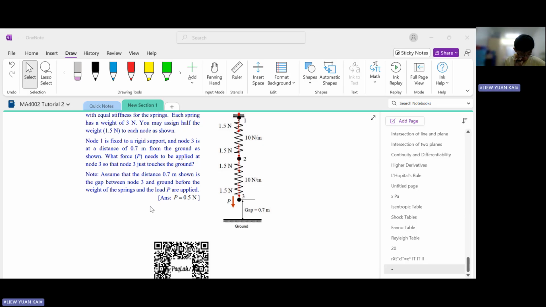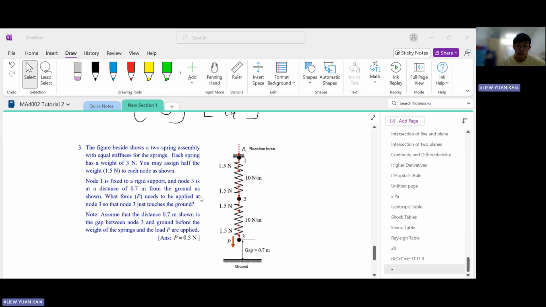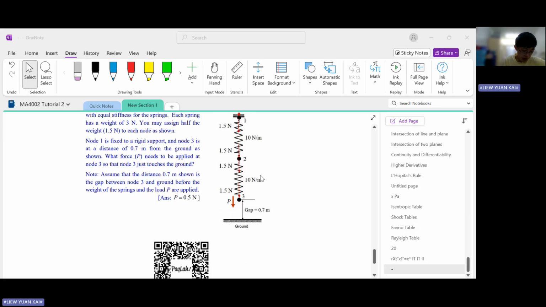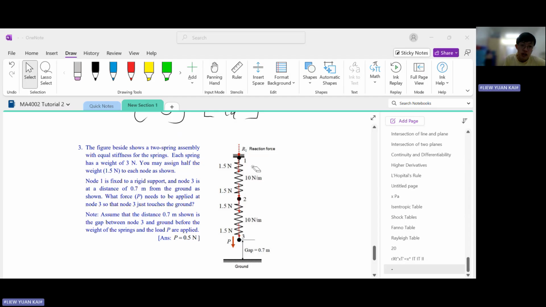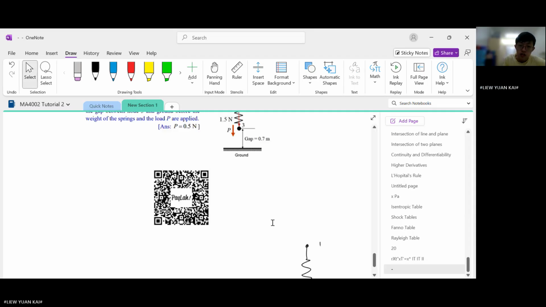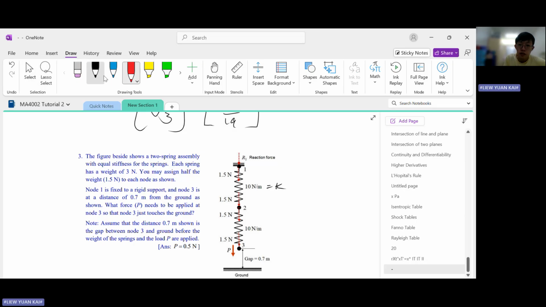Okay, so again, like I said in the previous video, the first step of doing an FEM problem is first draw your system.